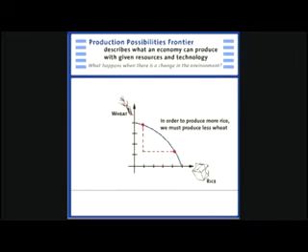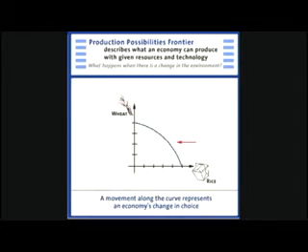If an economy decides that it wants to produce a lot of wheat and a little rice, it will be at a point on the production possibilities frontier up here. If the economy wants to produce a lot of rice and a little wheat, they'll be down at a point like this. If the economy wants a balanced output of wheat and rice, they'll be at a point like this.